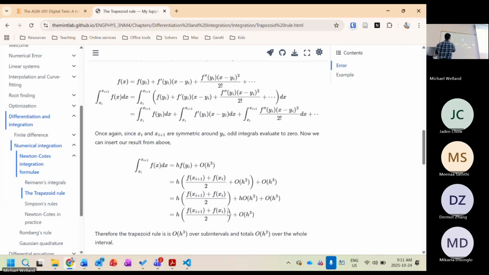The number is 10 divided by 2, right? But more generally, it's whatever that is over your step size. So the total error for the whole thing is order h cubed for the intervals times the number of those intervals, which is something over h. That h cancels, and what you're left with is order h squared.